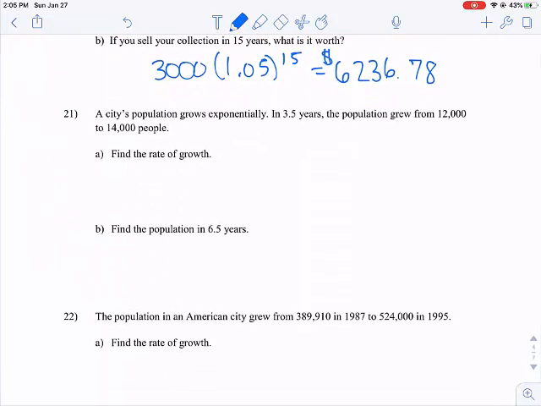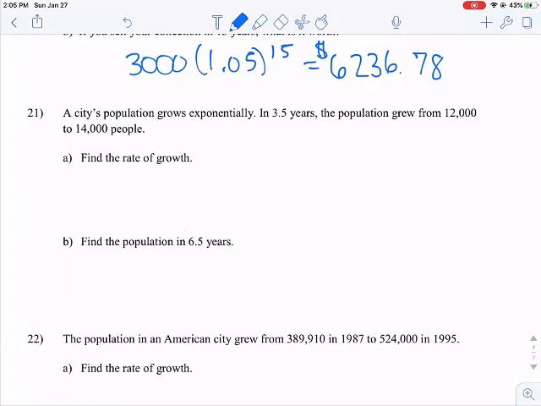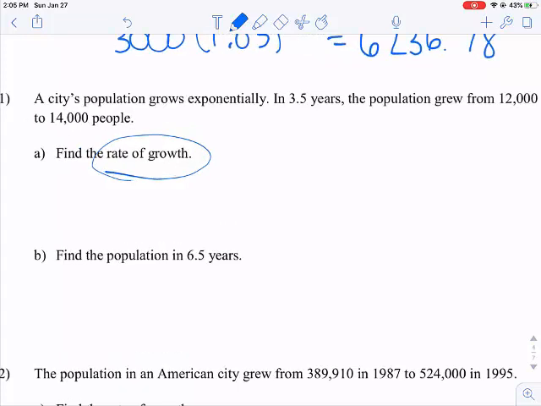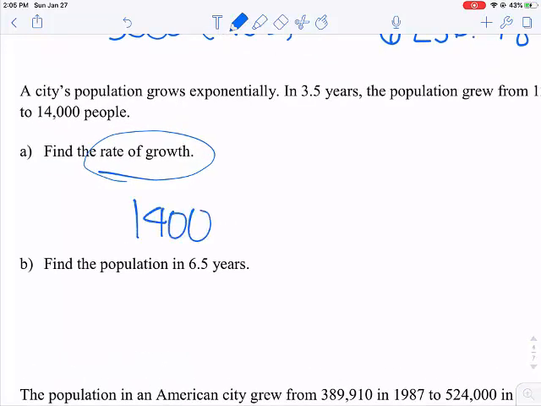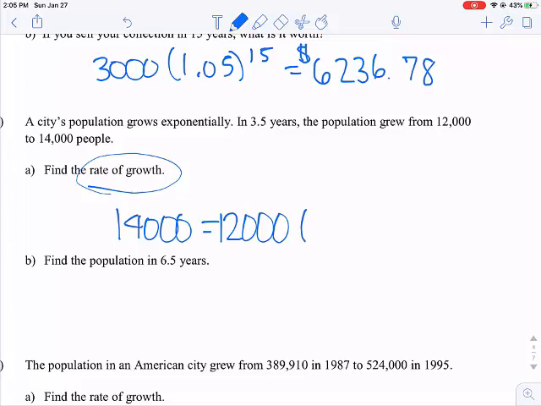A city's population grows exponentially. In 3.5 years, the population grew from 12,000 to 14,000. But this time it's asking us to find the rate. So it does not give us the rate, it's asking us to find the rate. Well, if the end result is 14,000, and we currently start with 12,000, and it says 1 plus r, because it's growing, to the 3.5.